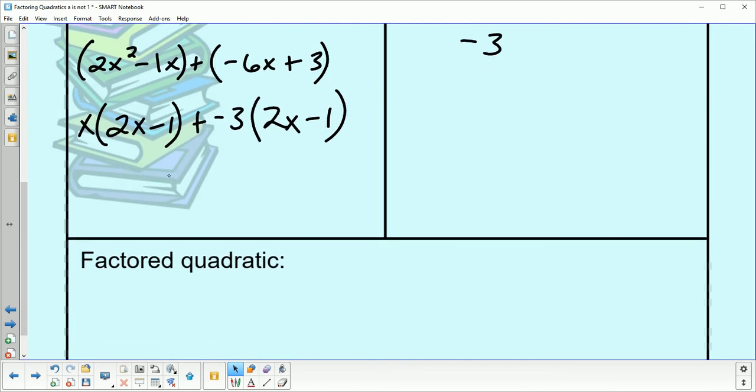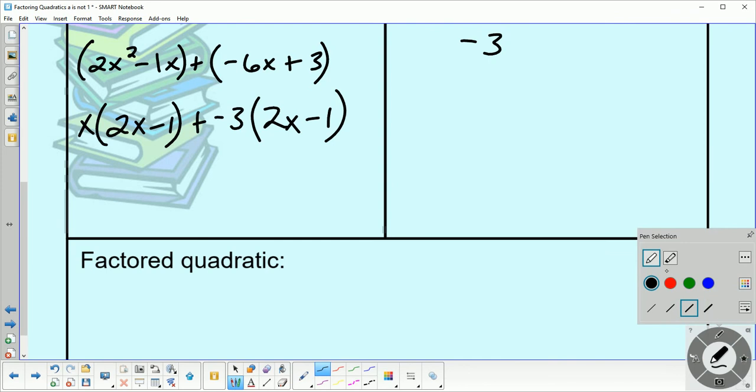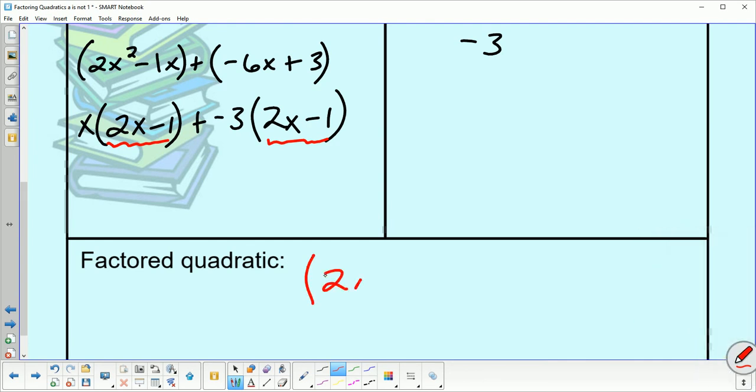Hey, getting to this step really tells us if we have done things correctly or not. And we really need to look at what we have inside our parentheses. If those two are the same, then we know we did our factoring correct. So I'm going to write my first two terms, my first parentheses, 2x minus 1. That always becomes 1.